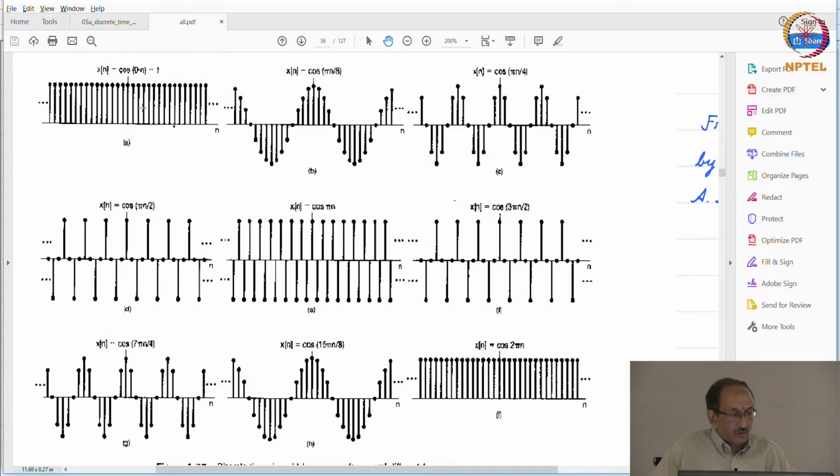So this is a simple example that illustrates the fact that as you increase omega naught, the rapidity does indeed increase, but unlike in the continuous time case, it reaches a highest frequency of oscillation, and then the signal starts to slow down and comes back to the DC sequence at omega naught equals 2 pi.